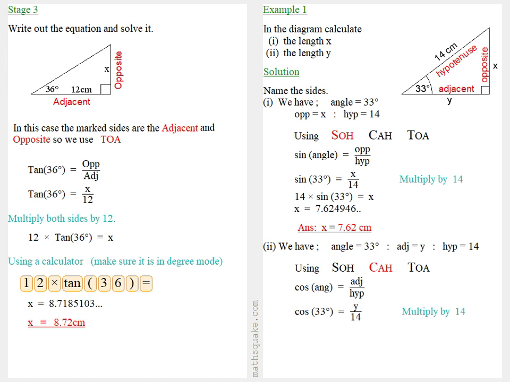If we multiply both sides by 14, that gives us 14 times cosine 33 equals y, and when we type that into the calculator, we get 11.7414. And so, rounding it off, our answer is y equals 11.7 centimetres.